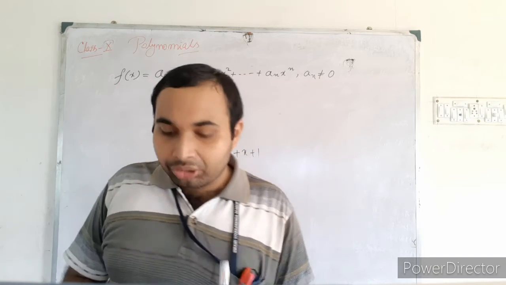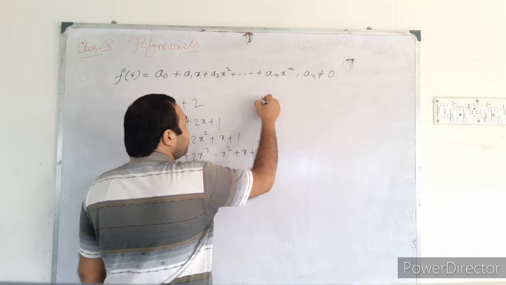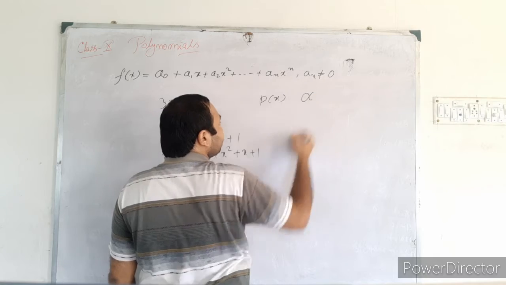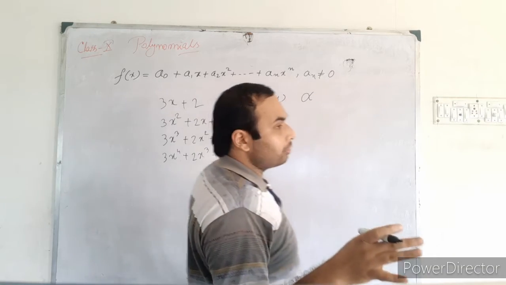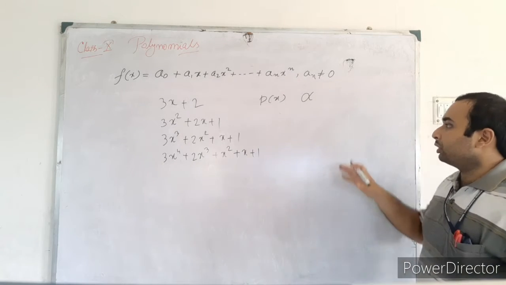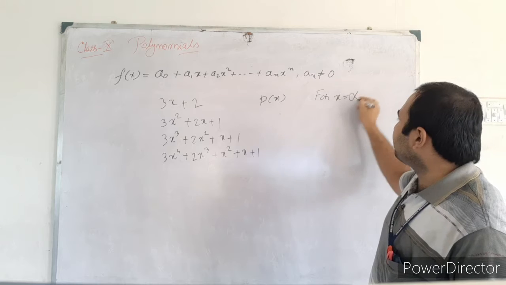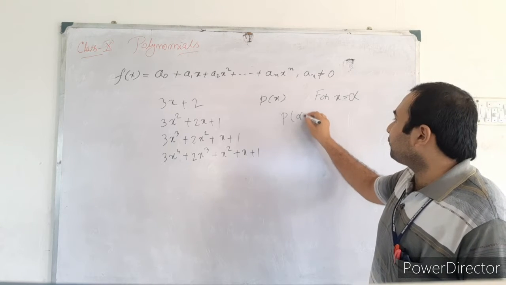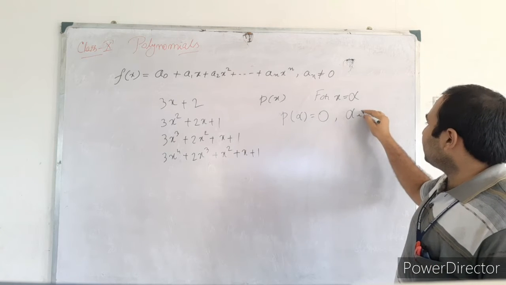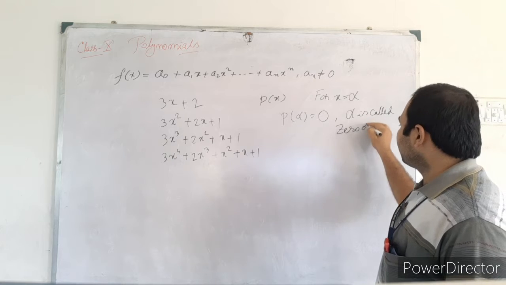So what is the zero of a polynomial? If p(x) is a polynomial, then for a value alpha, traditionally we take alpha as the value, that is x equals alpha. If p of alpha comes out 0, then alpha is called the zero of the polynomial.